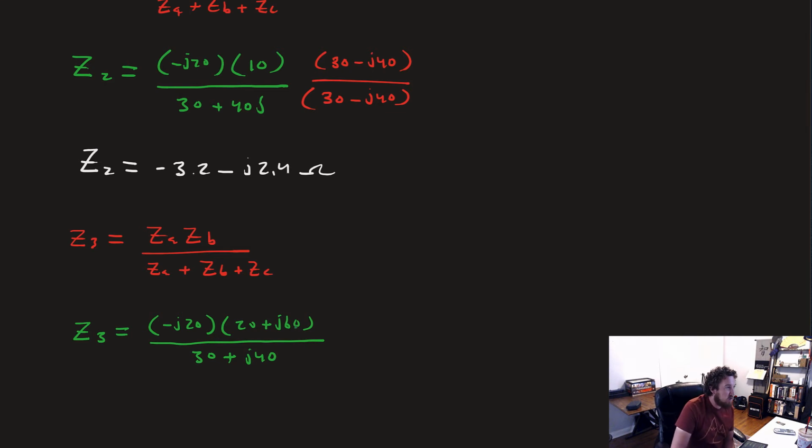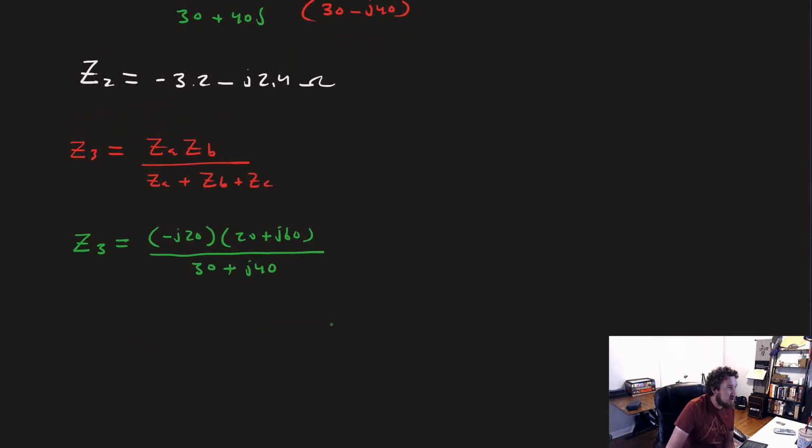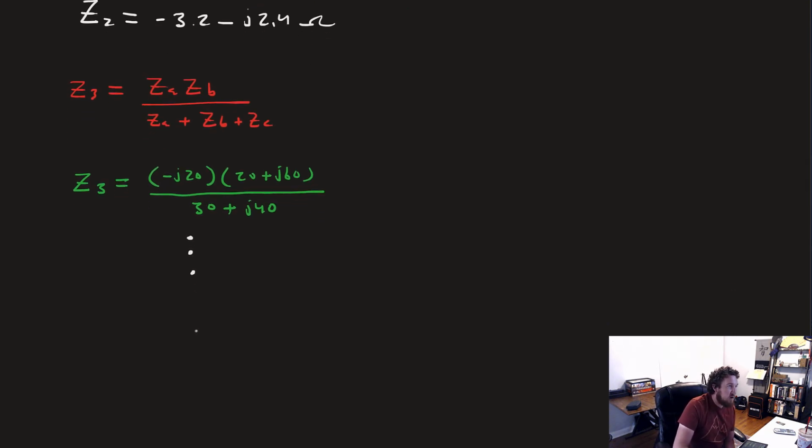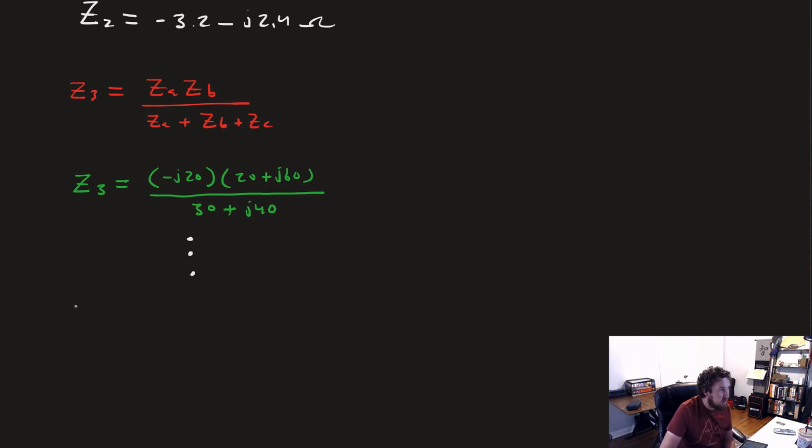And like before, I'll leave it up to you to do the arithmetic. We've done a bunch of examples in previous videos, so feel free to go back and look at those. But when you finish, you're going to be left with Z3 equal to 8 minus J24 ohms. So now we have all of the pieces that we need.